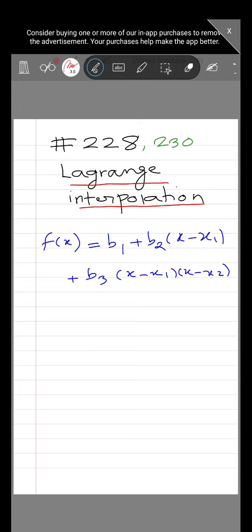You can look into these lectures to find out the values of these coefficients b1, b2 and b3.